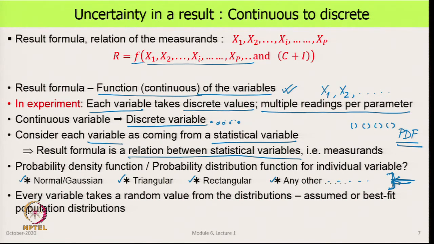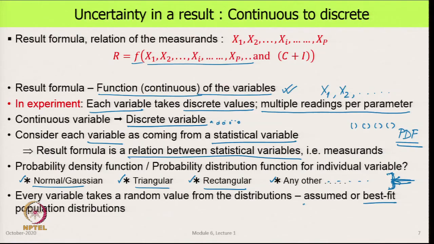So, what we could do is take all this data, and if we wanted, we can make a best fit population distribution function on it, or we could assume, as we do in many of the analyses, that it is coming from one of these distribution functions. And then once you have done that, it tells you that the standard deviation can be calculated like this, the standard error can be calculated like this.